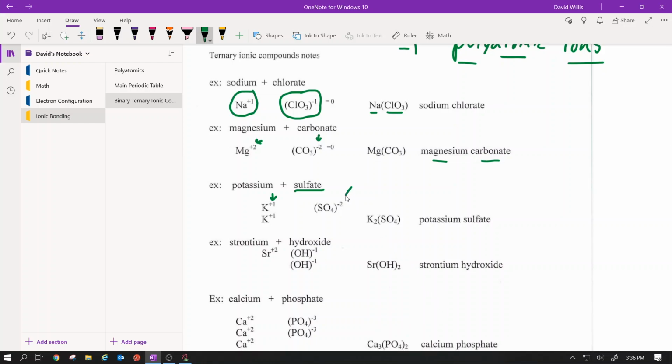It's in the minus 2 category, which means that I would have to have 2 positive potassiums to donate the electrons for the 1 sulfate group, an SO4. And so again, 2 potassiums, K2, and then SO4 in parentheses with that implied 1, which we don't write. And that's going to be potassium sulfate.